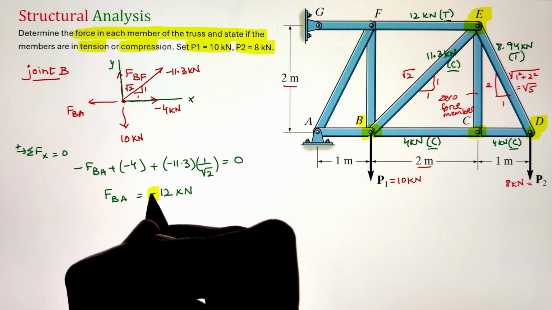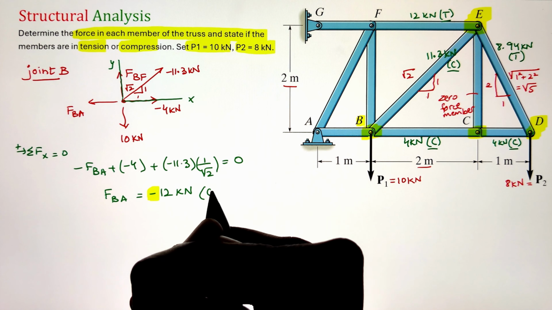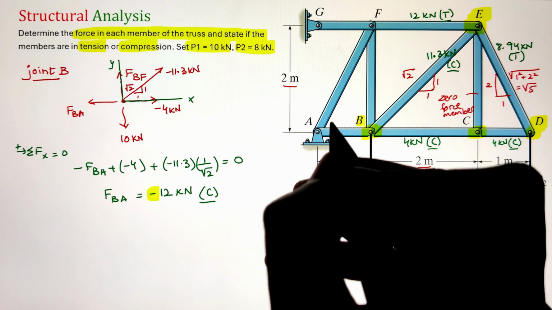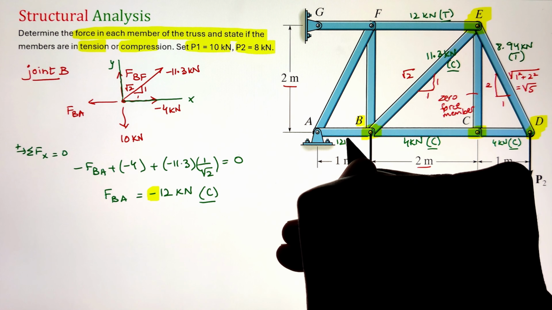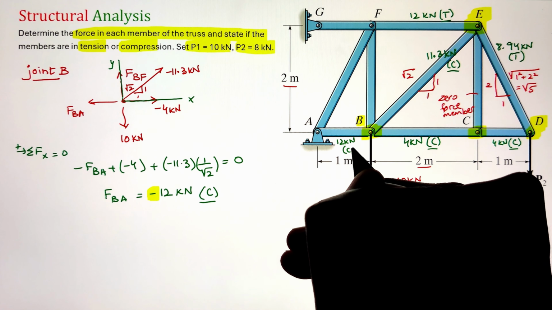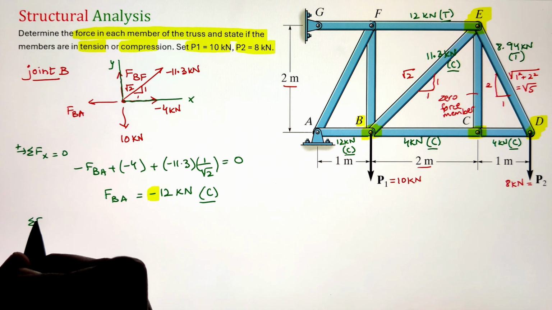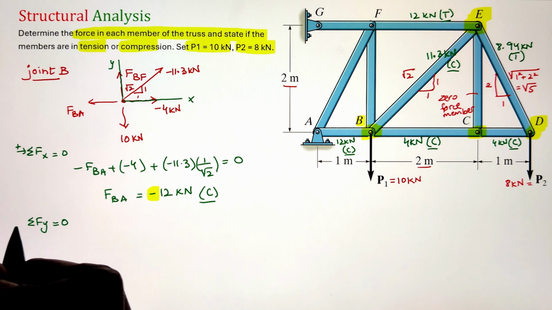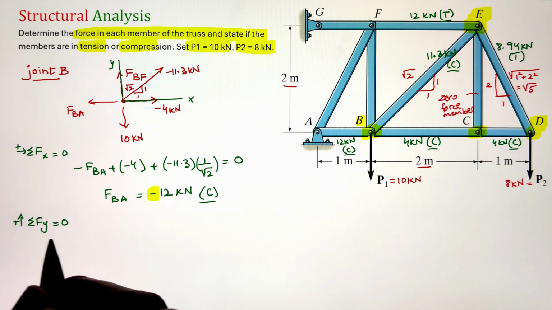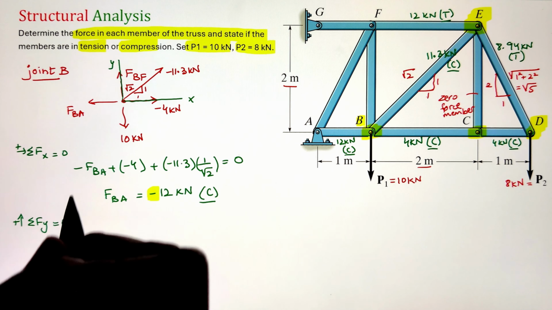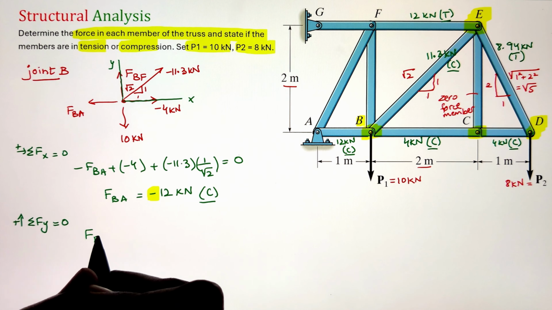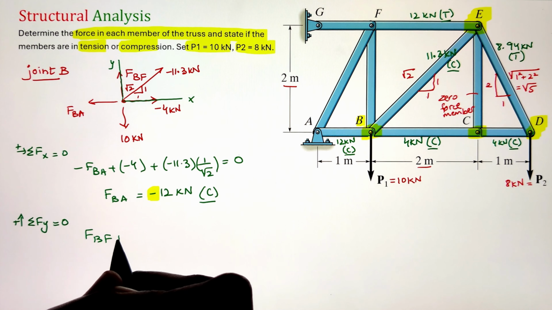That's why I have an addition sign, and plus I have a component of negative 11.3 times 1 over root 2. This gives us the value of force in member BA as negative 12 kilonewton. Negative sign again means that the force is in compression in the member BA.